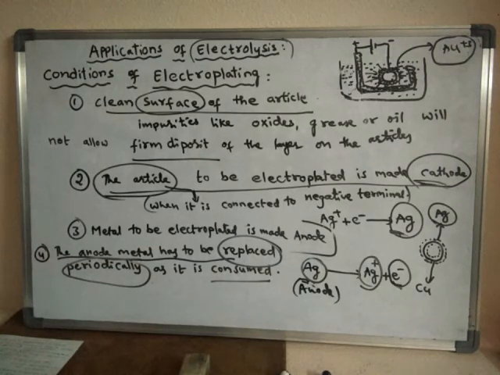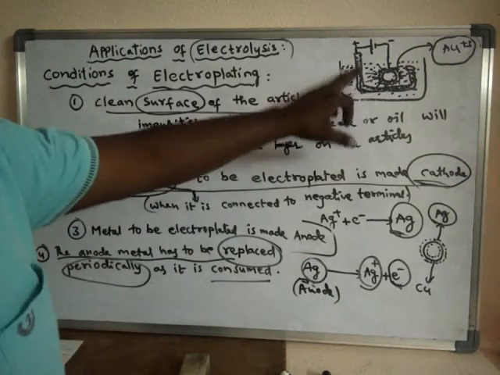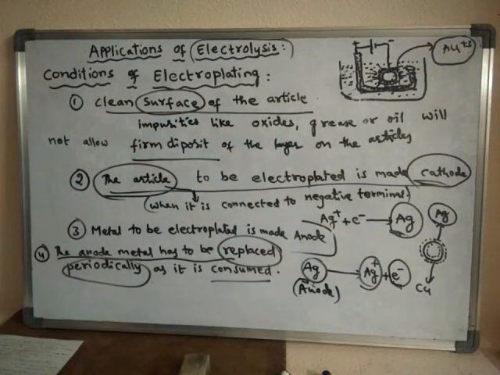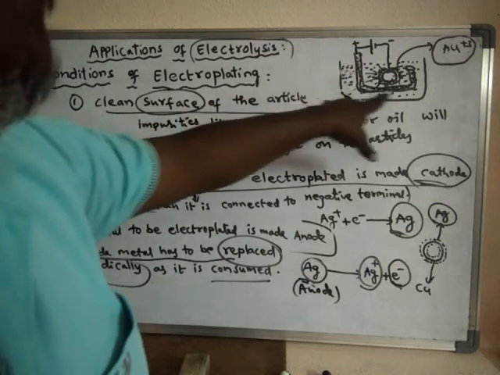Hence, we have to replace that anode material after a certain time, periodically. Throughout the process of electrolysis, many times we have to replace that anode material with freshly new anode material.